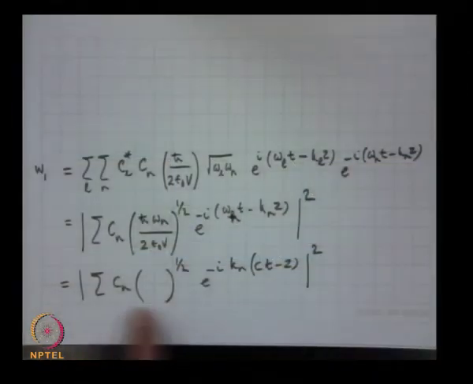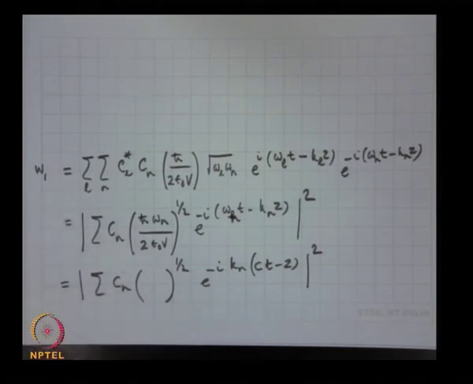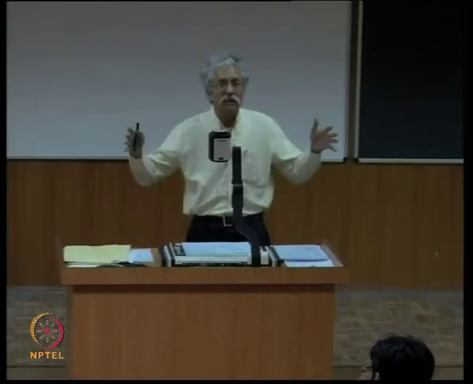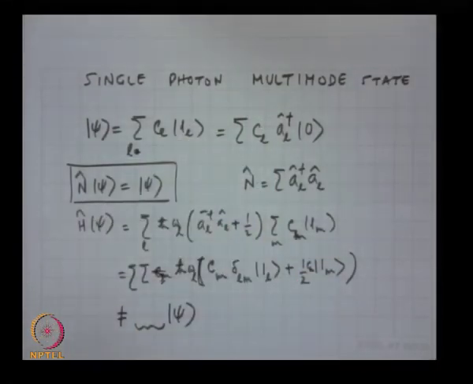This tells me that the probability of detecting, please remember that when I discussed the single photon states, I said that I can have a multimode single photon state. It's like a wave packet. Depending on the c_l's which I choose here, in writing this expression, I can have a state which is laterally confined, because depending on the frequencies which I add here, I can have a certain spectrum of frequencies which will lead to a wave packet of a finite duration.